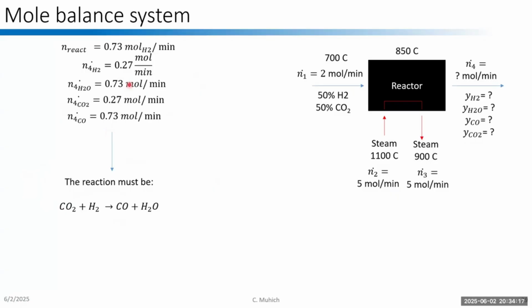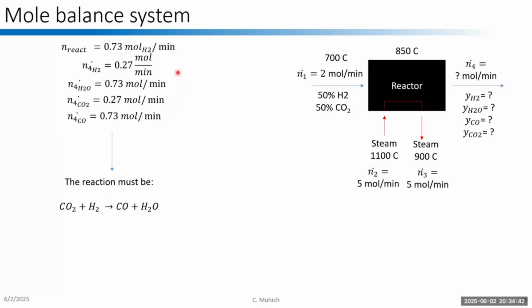Not only have I now solved my problem, knowing all of my molar flow rates leaving, which is fantastic, but we can also see that the reaction must be 1-to-1. CO and water are formed in the identical ratio.